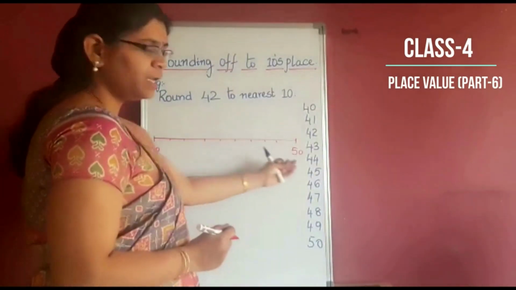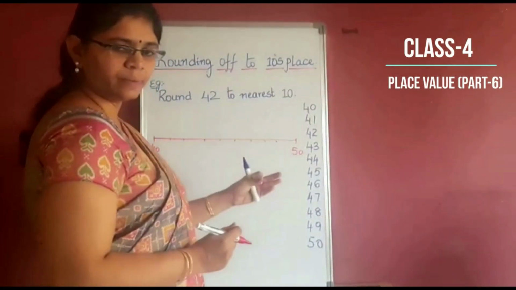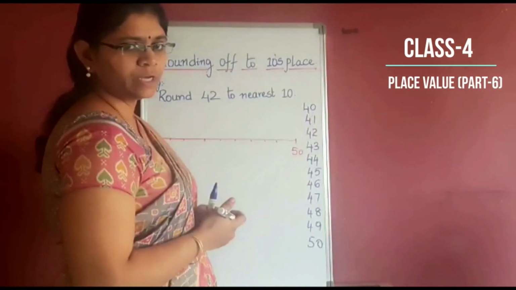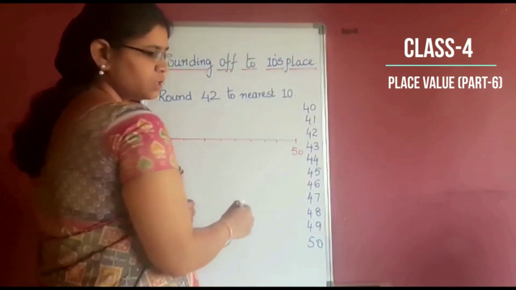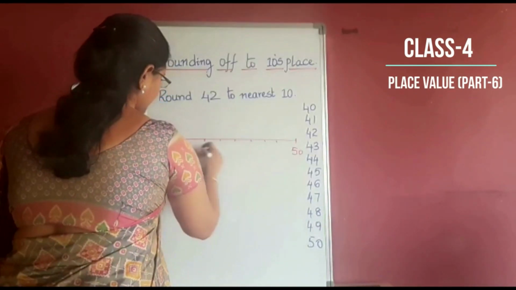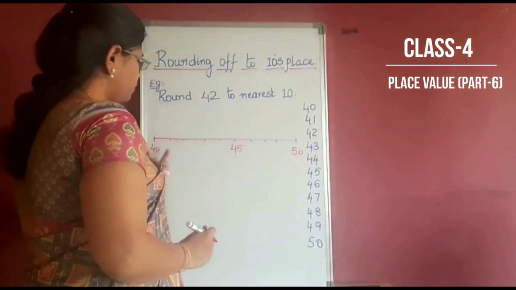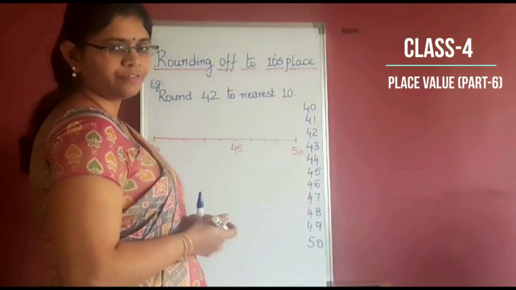But what is the middle number for 40 and 50? Exactly in between 40 and 50, which number do we have? Yes, it is 45. 45 is in between 40 and 50.